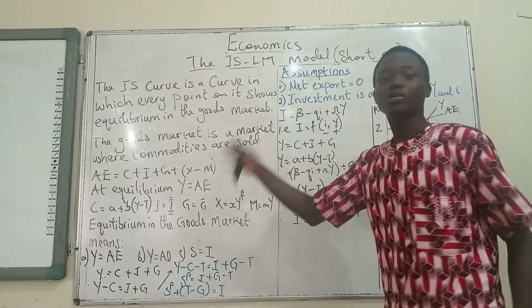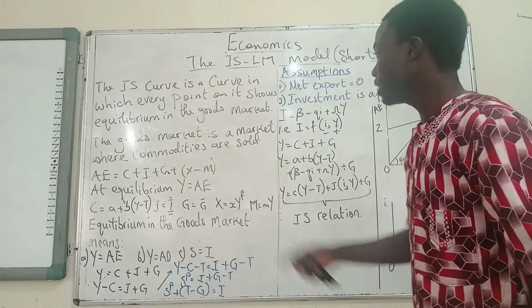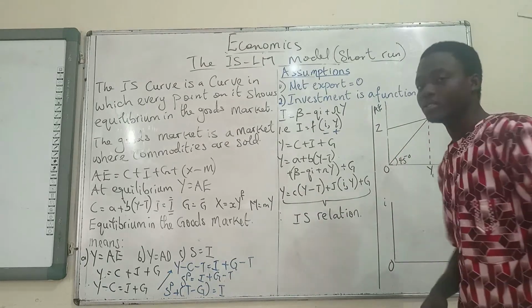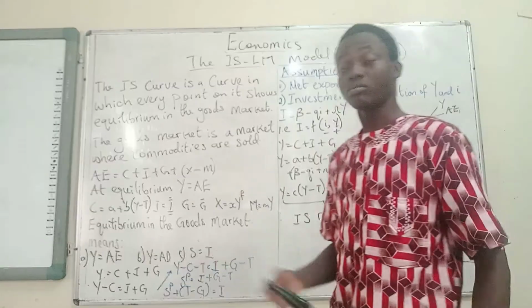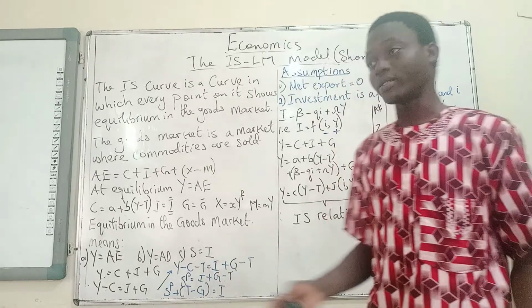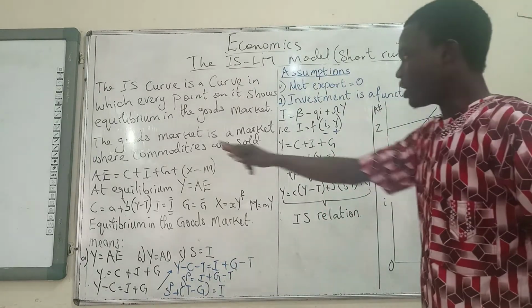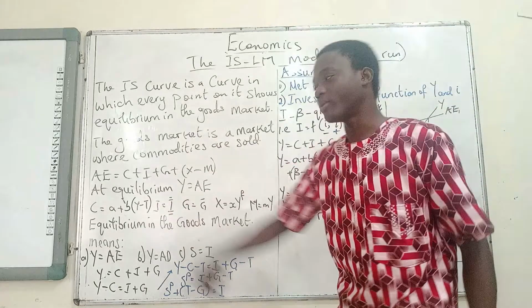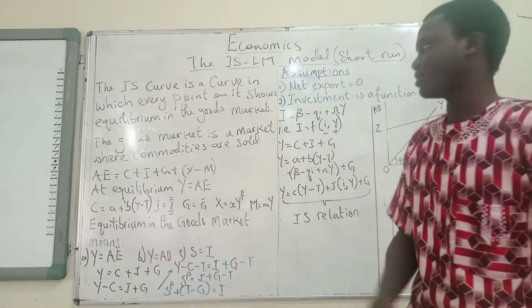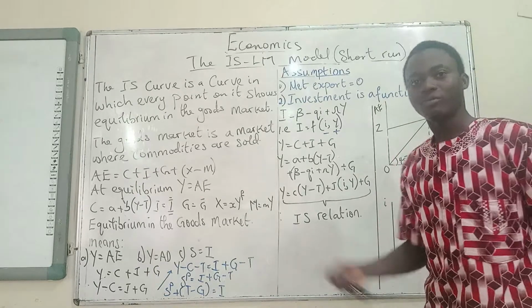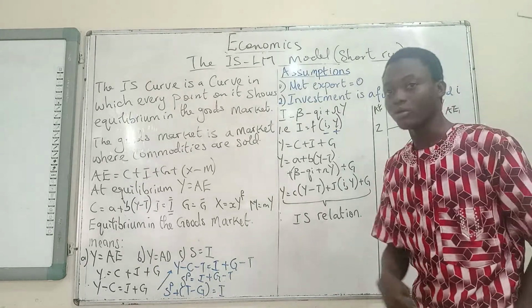Now, what is the goods market? The goods market is a market where commodities are sold, where goods and services are sold. That's just your normal market. Now, in the goods market, AE is the aggregate expenditure function. Like I said, there are classes you should have seen before this one, but if you've read enough, no problem.